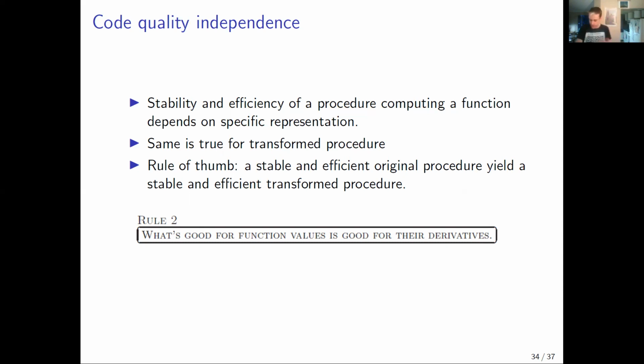And then the transformation will ensure that the transformed program inherits these characteristics. So it's less for the programmer to worry about, and this is a win for automatic differentiation.